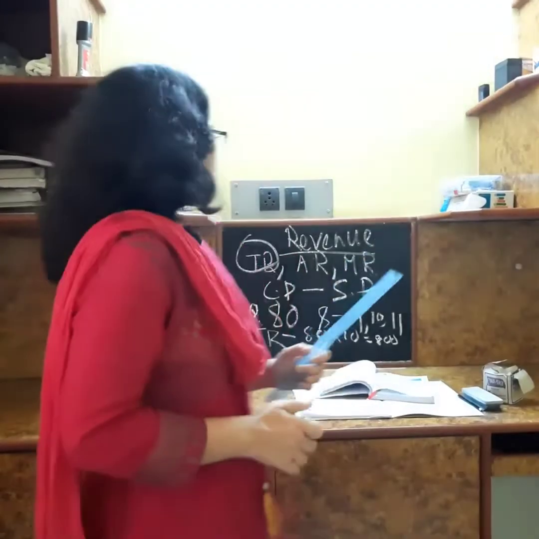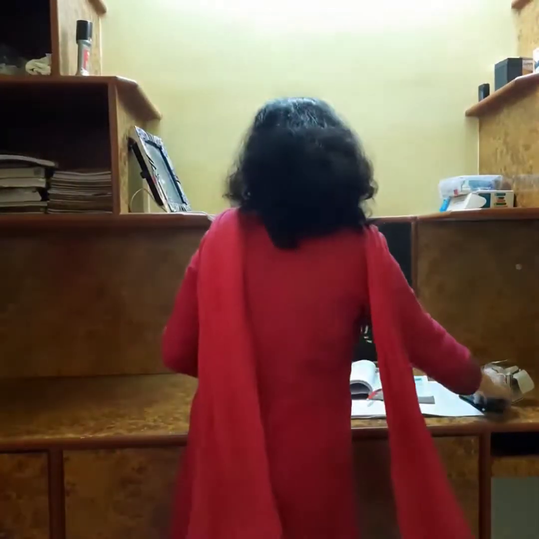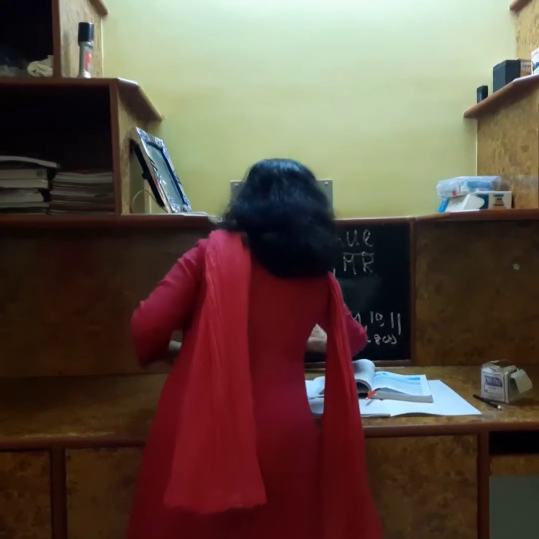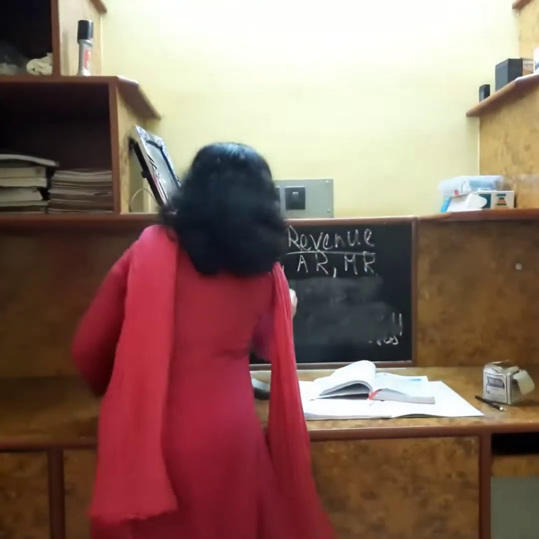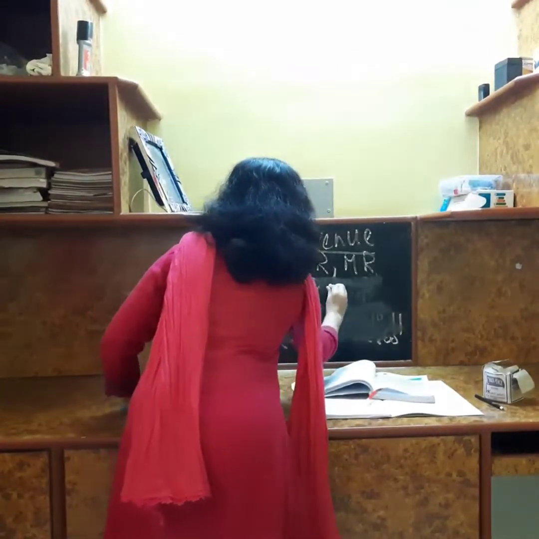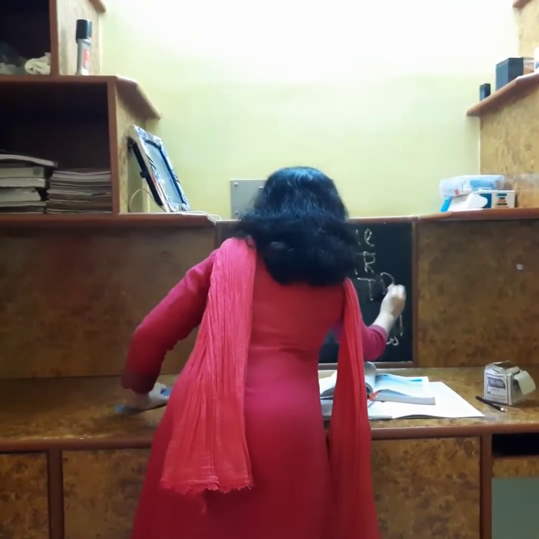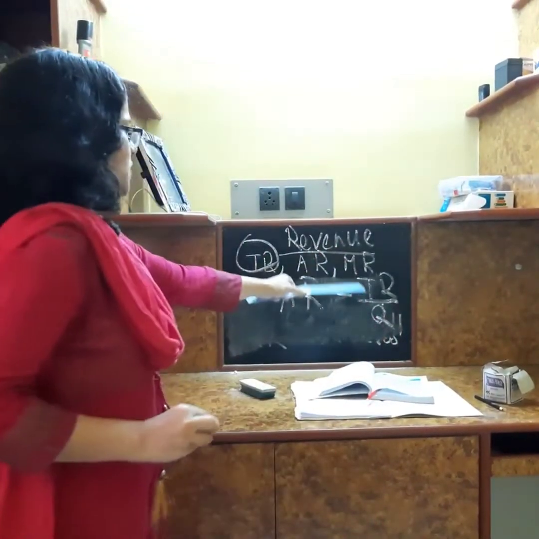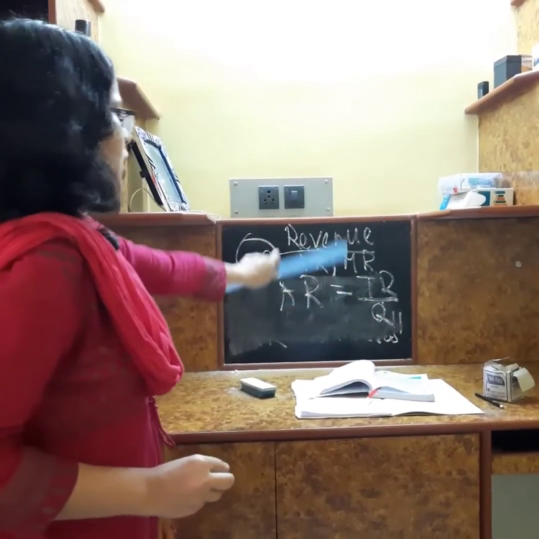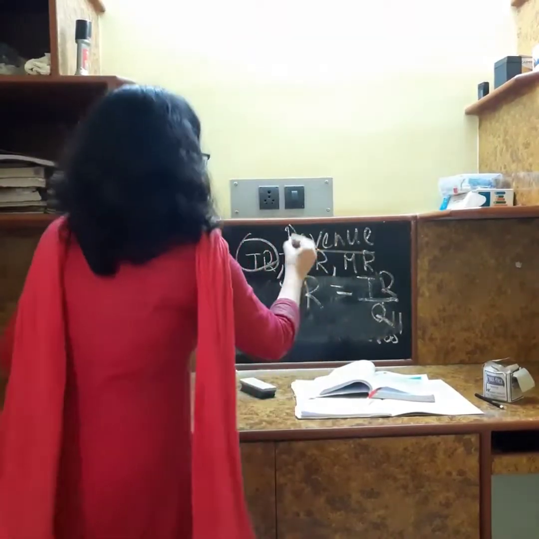Okay, so if I ask what is AR, AR is TR divided by Q, that means total revenue divided by total output. Now I am breaking TR.